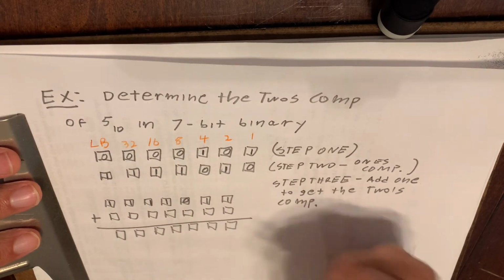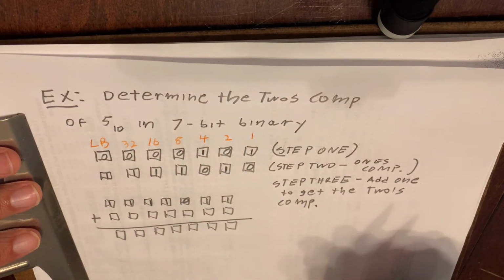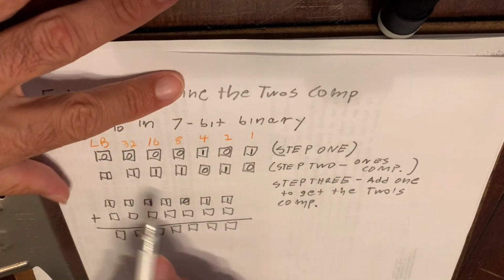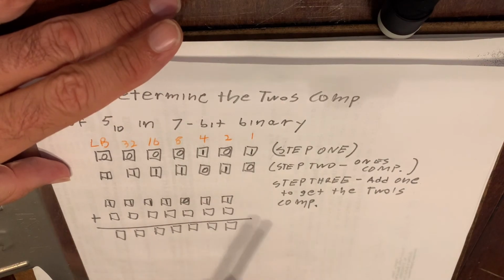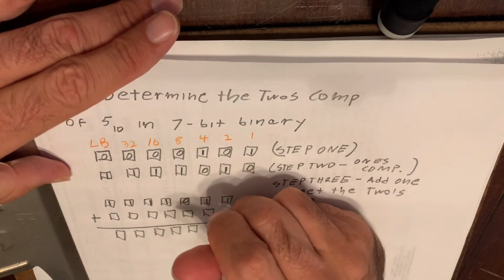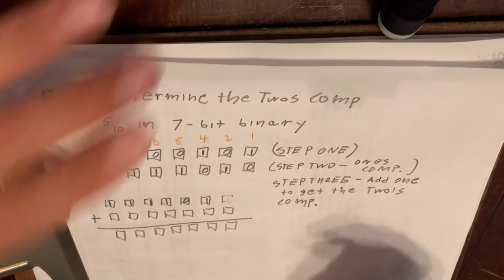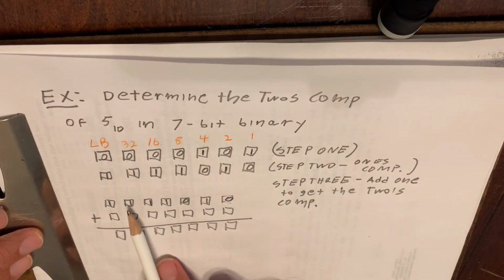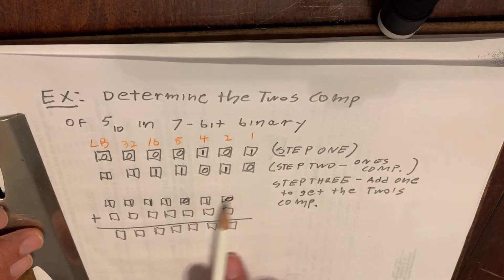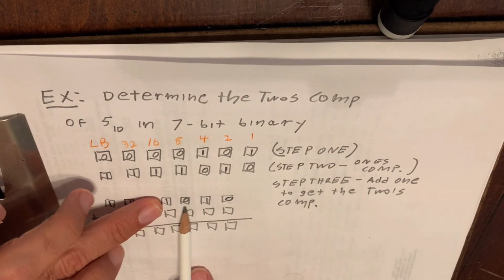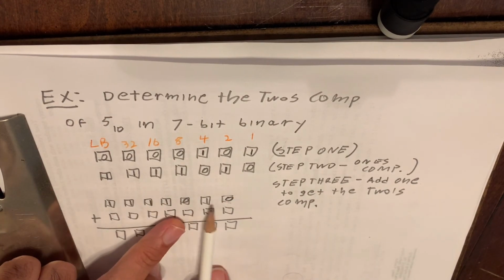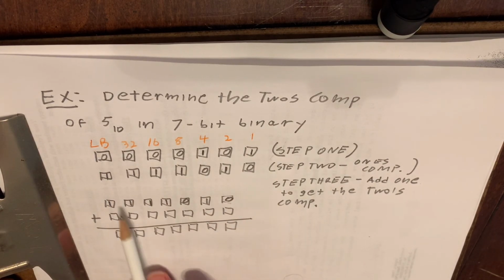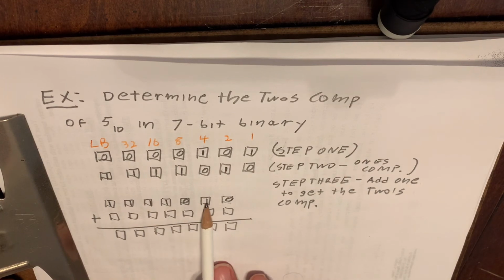Wait, did I copy it down? No, I think I copied down the wrong one. I'm sorry, I copied down the wrong one. This should be 1, 0. Make sure I copied this down right. 1, 1, 1, 1, 1, 1. It should be. And then 0, 1, 0. Okay. All right.